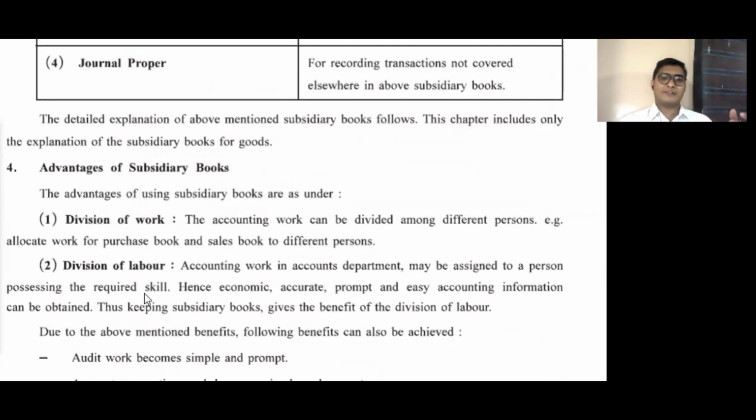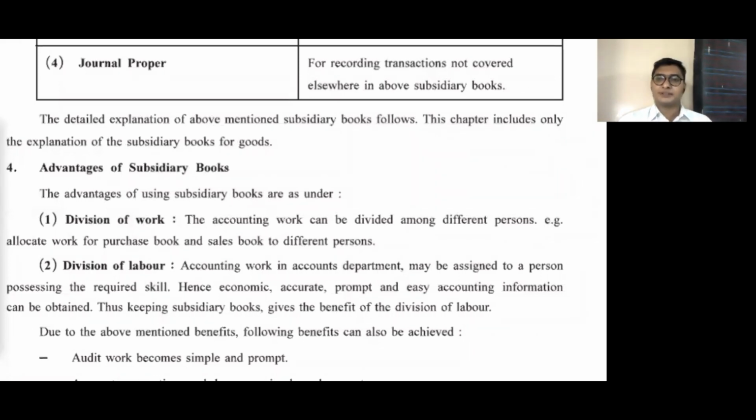Next, advantages of subsidiary books. What are the advantages of preparing and recording subsidiary books? Number one, division of work. Work is divided between different persons.